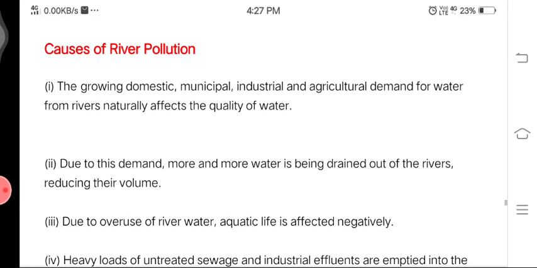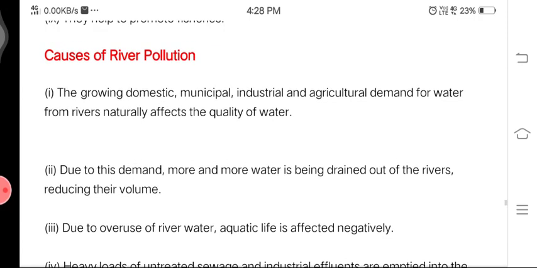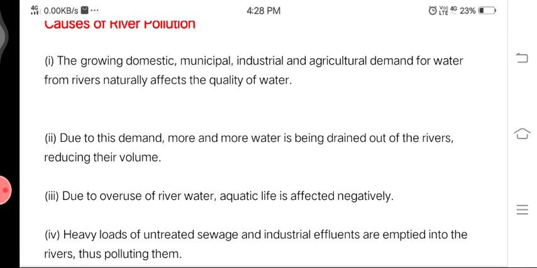Now we talk about the causes of river pollution. The growing demand of municipal, industrial and agricultural sectors for water from rivers naturally affects the quality of water.